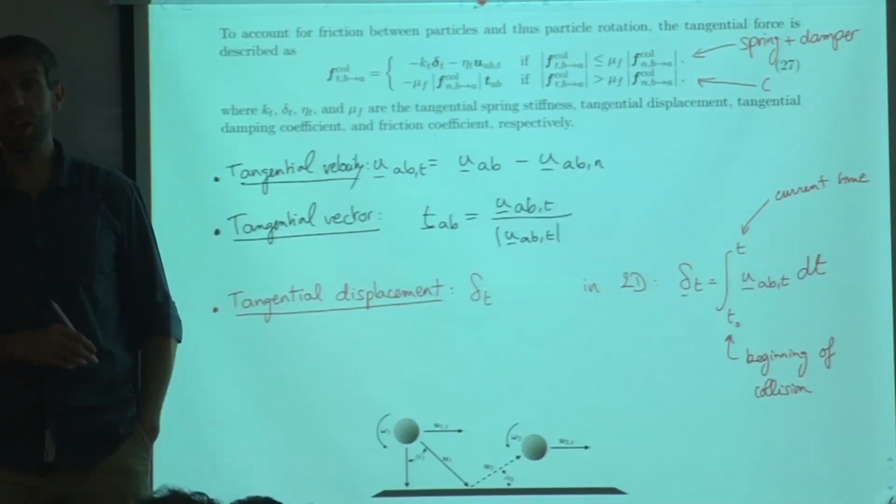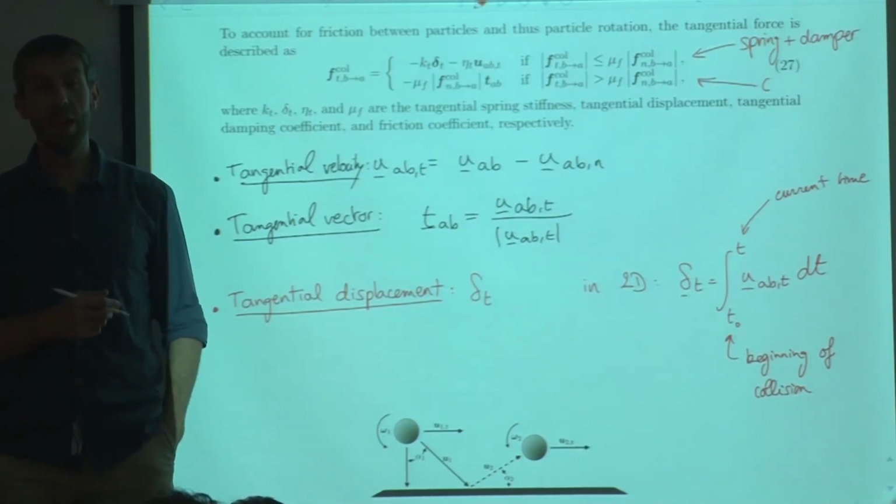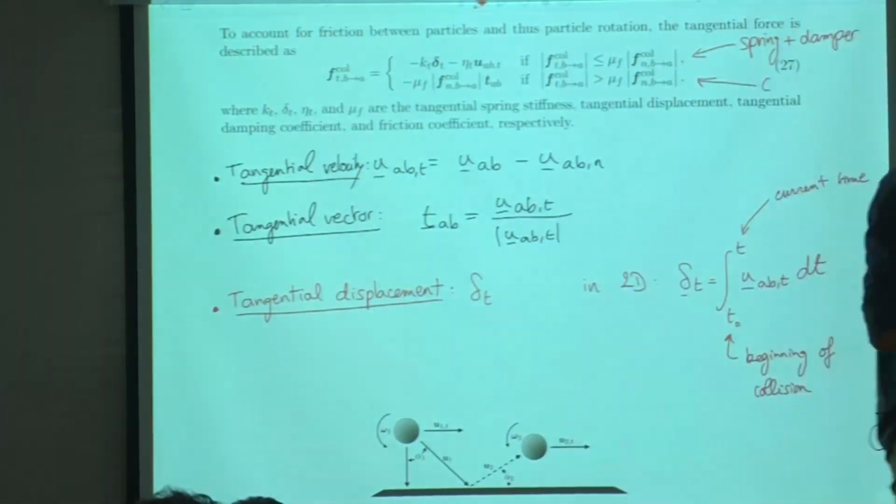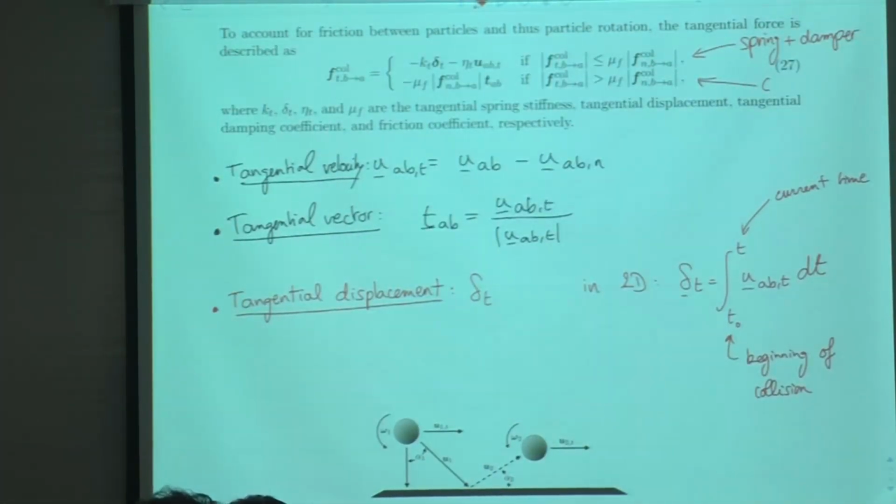What does it mean remembering? It means storing for the collision this one parameter. Well, how many collisions am I going to have per particle? That's a tough question. So how much data, how much storage should I make available in order to keep track of that? That's a tough question. Does it mean I need to start numbering my collisions? That's kind of a tough problem.